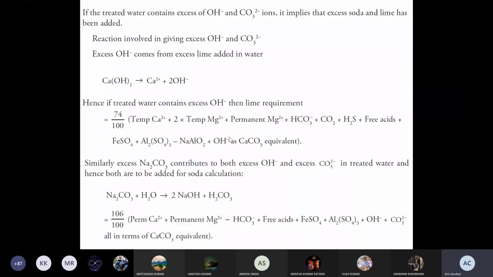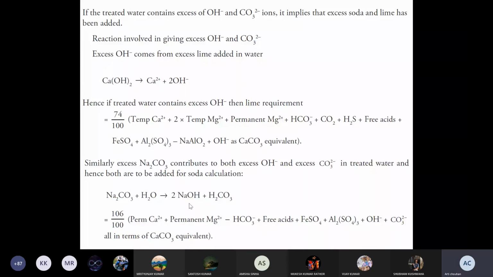Okay. Now coming to the second reaction, if sodium carbonate is added in excess in that process, then it contributes to the production of both ions, hydroxide ion and carbonate.